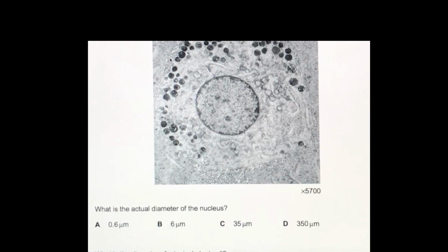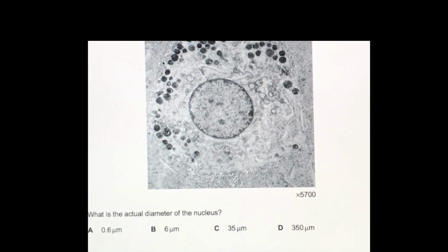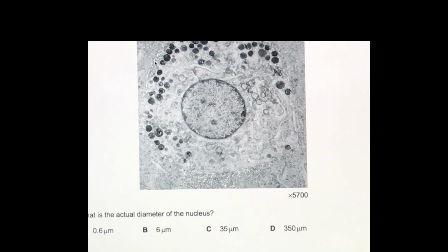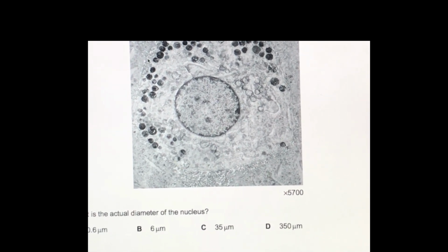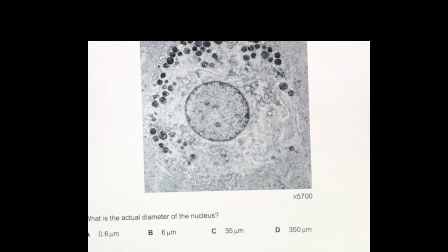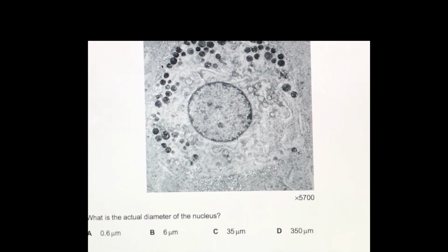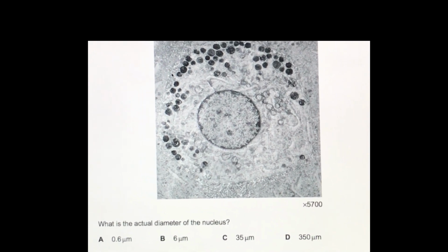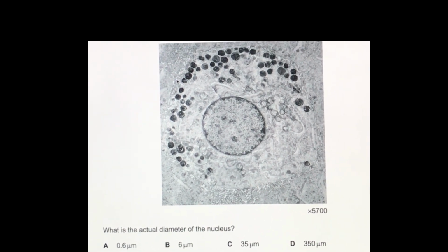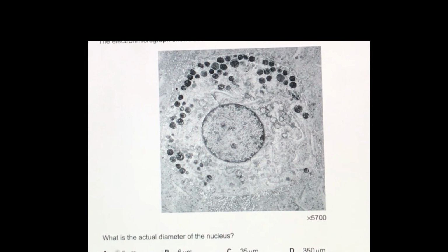This is a sample question on magnification. You have been asked the actual diameter of the nucleus, and you've been given the magnification. If you have the physical copy of the paper, you're supposed to use your scale to measure the diameter of the nucleus, so that becomes the image size.